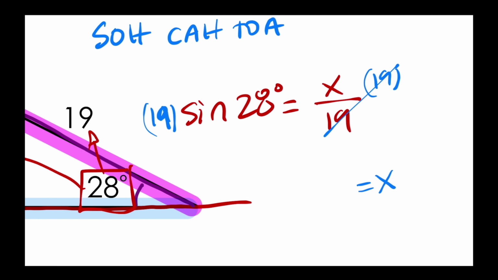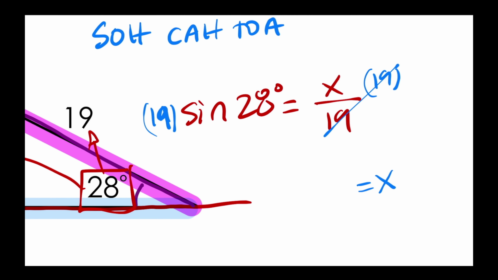Like I said, most calculators, you're going to have to put the 28 first, then hit the SIN button, then it'll give you a decimal. Once you get that decimal, then just put times and then 19, and you should get your answer. So go ahead and try it, and then see if you get the correct answer.